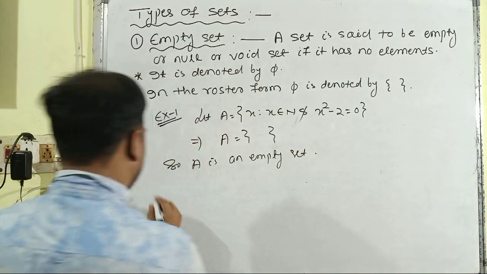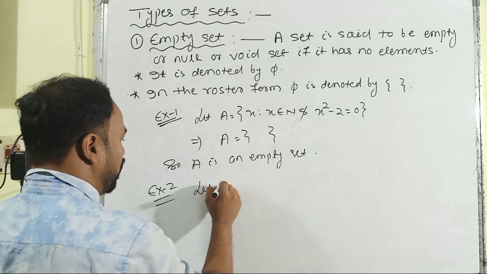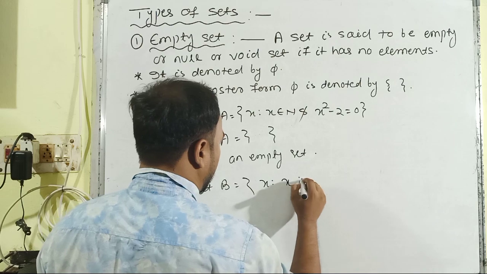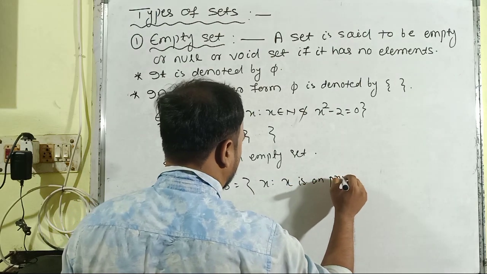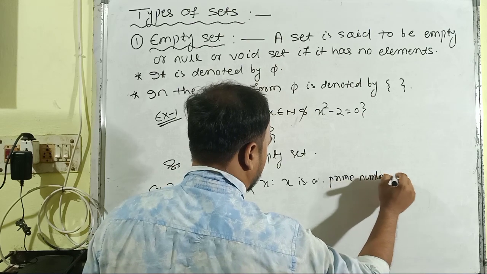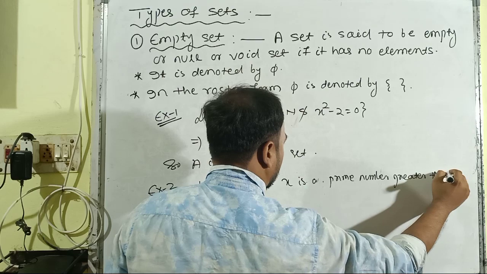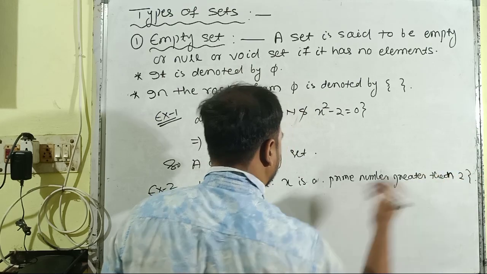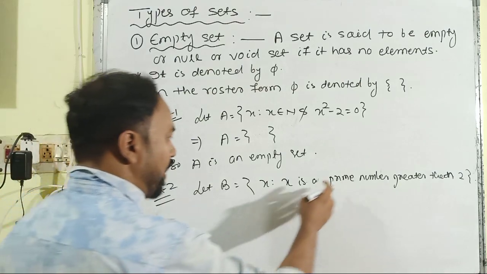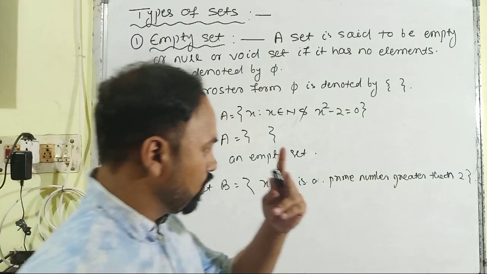Let us take another example. Example number 2. Let B be equal to x such that x is a prime number greater than 2. We have to satisfy two conditions here.